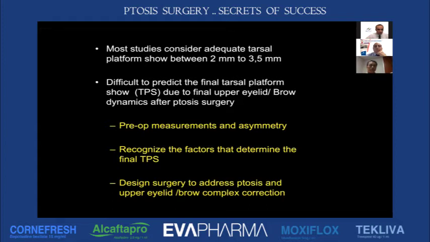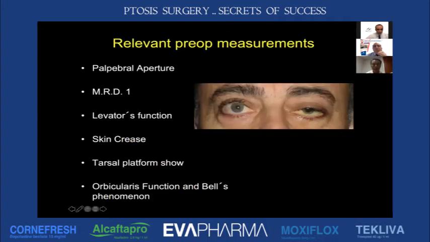recognize the factors that determine the final tarsal platform show, and design the surgery to address the ptosis and the upper eyelid brow complex correction. The relevant pre-op measurements, as my colleague mentioned, are the pupil aperture, the MRD1, the levator function, skin crease, the TPS, tarsal platform show, and to check if all the protective mechanisms of the ocular surface are conserved, like the orbicularis function and the Bell's phenomenon.